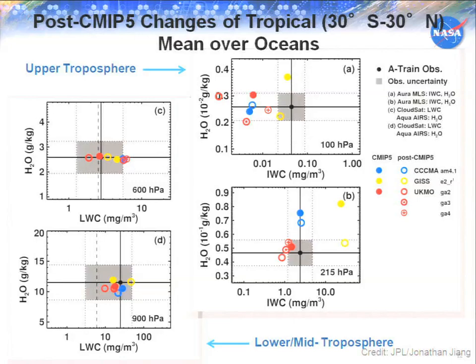So here's a post-CMIP5 challenge. We published the result, and once we showed the models that are outside of that gray box, a couple of modeling centers took a look and said, oh boy, my model is not doing the right thing. They started getting into their model and changing it. They quickly came back into the gray box.